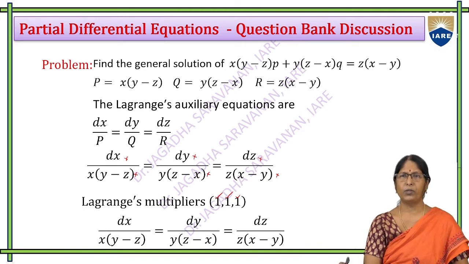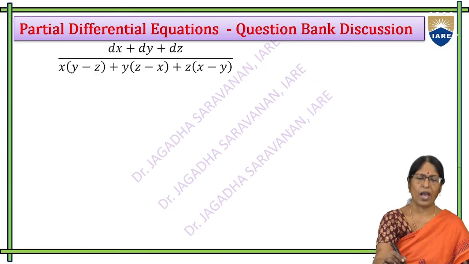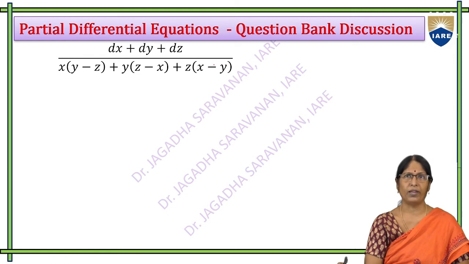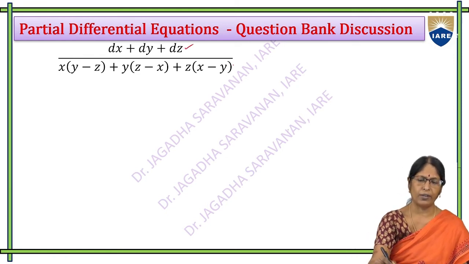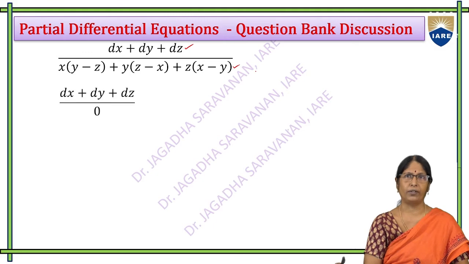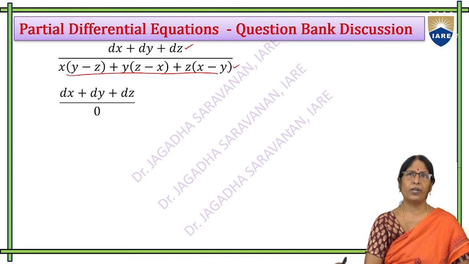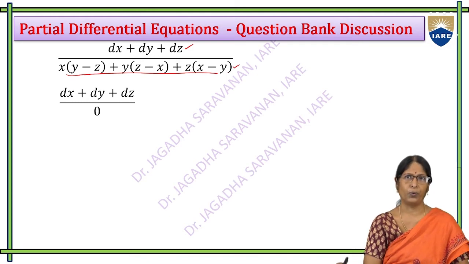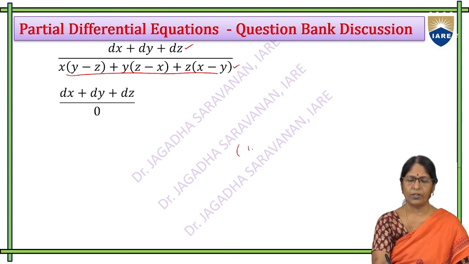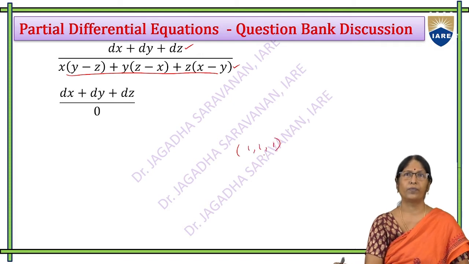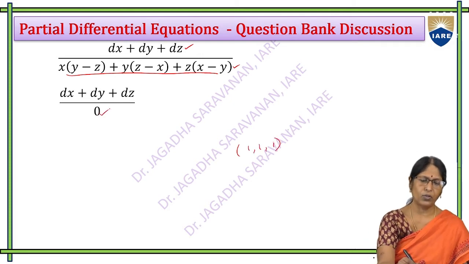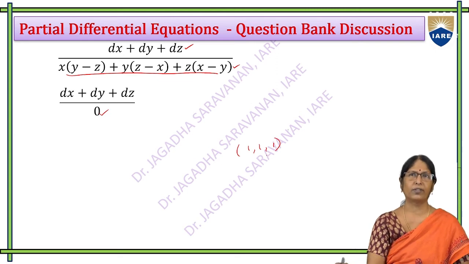In the Lagrange's multiplier method, the step is, after multiplying by the multipliers, the numerators are to be added and the denominators are to be added. If we add, we find that the complete denominator becomes 0. It should become 0. On that basis only, we selected this multiplier in this particular problem. On that basis, to get 0, this is selected.